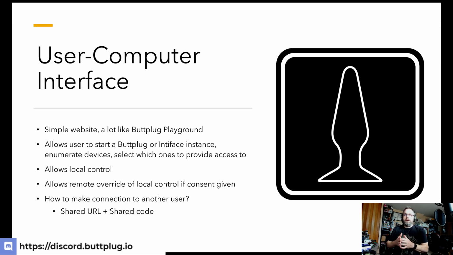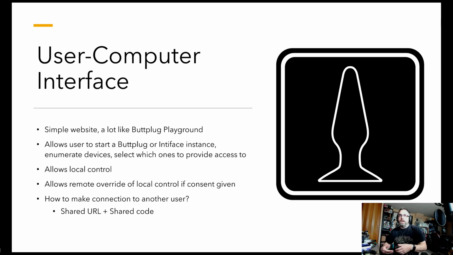And the question becomes, though, how do we find that other user, and how do we tell that other user, this is how you connect my toy to my toy? We're going to be sharing probably some sort of URL and a special code to be able to connect and then to identify.